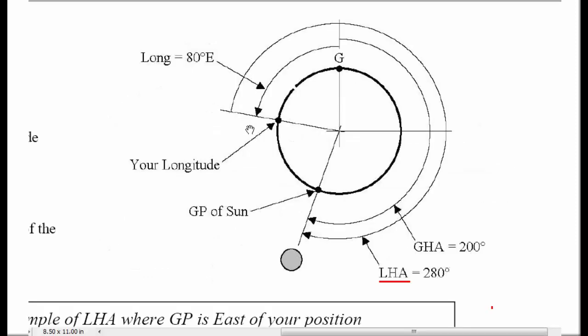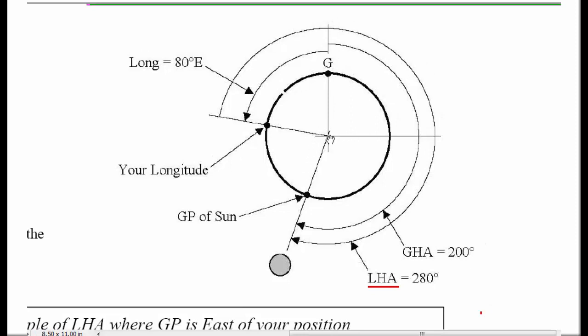Let's look at the next example shown here. And in this case, again, we're looking down on the Earth from above the North Pole. Here's Greenwich, England. Here is the sun and the sun's GP right here. And that is, follow this arrow around, GHA of 200, Greenwich hour angle of 200, from Greenwich to the sun's GP. And we are located in the eastern hemisphere in this example, 80 degrees to the east.